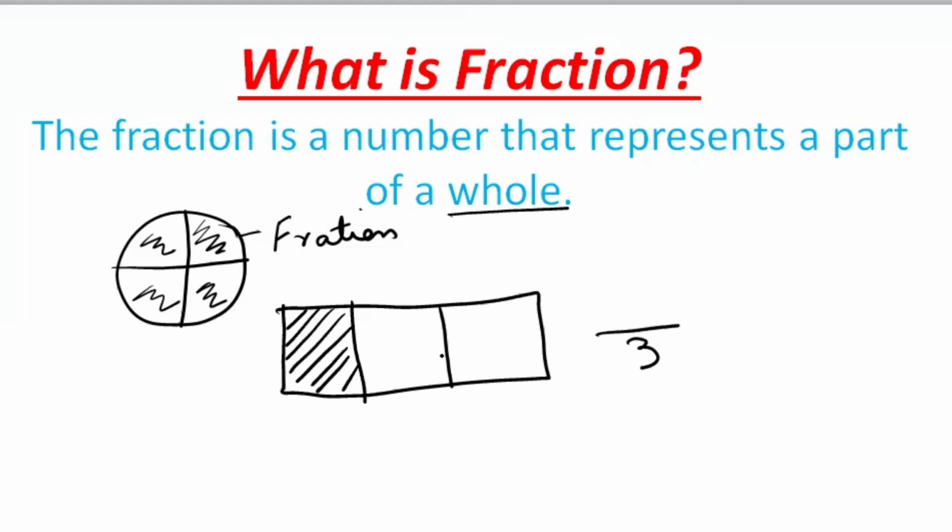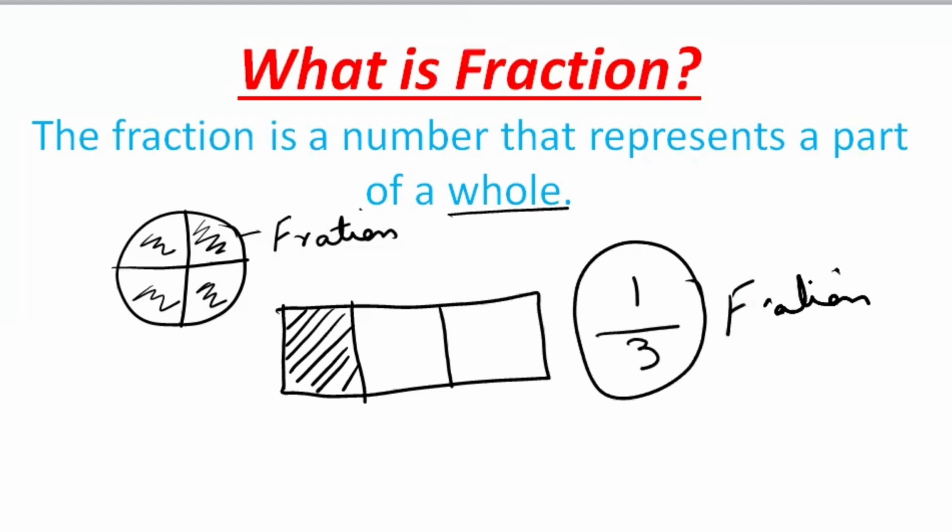Then out of three parts, how many parts are shaded? 1. This is called a fraction. Okay? It means out of three parts, one part is shaded, or we used one part. This is 1 by 3. This is called a fraction. It's called 1 by 2, or we can say it is half.